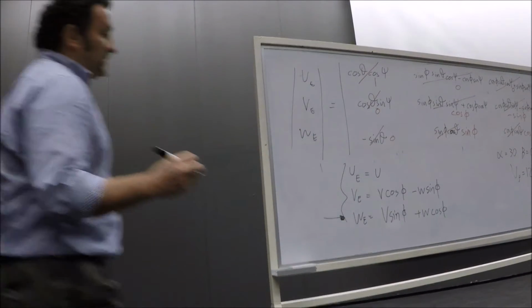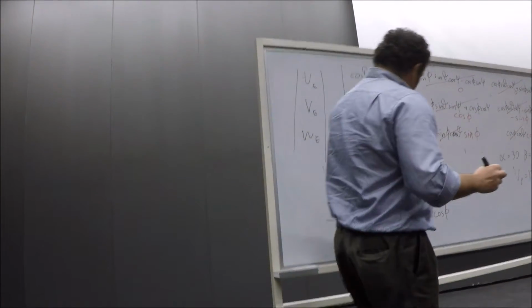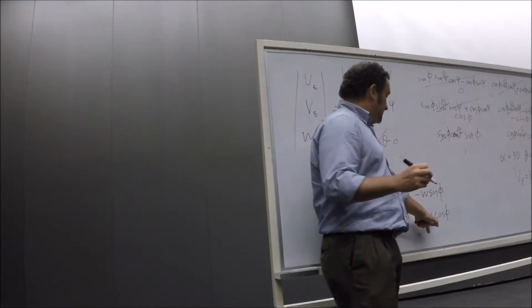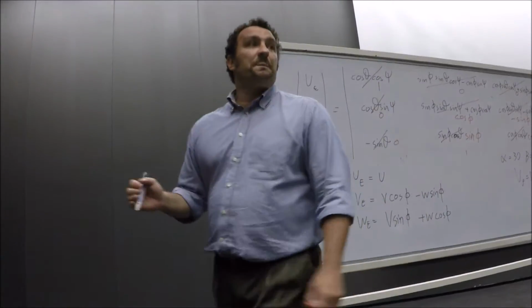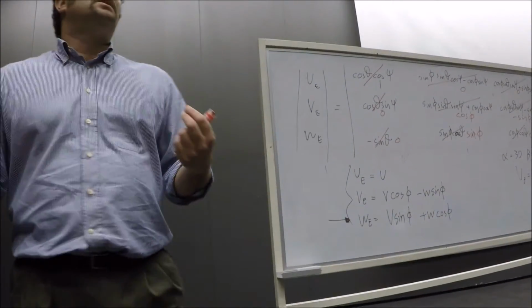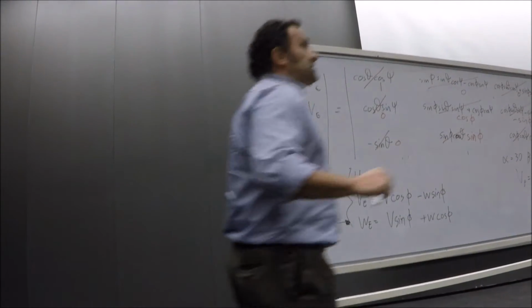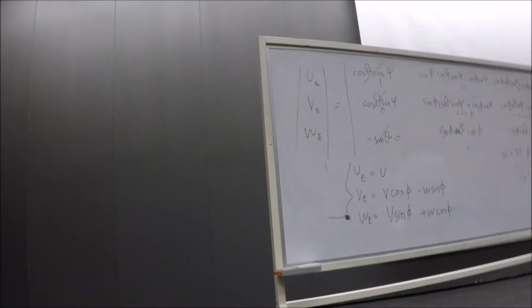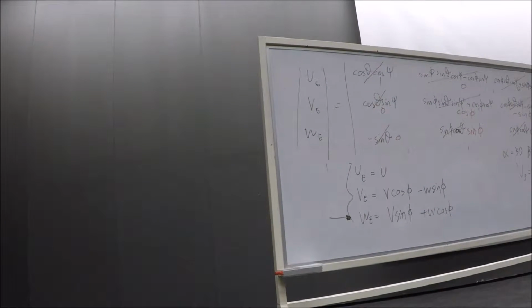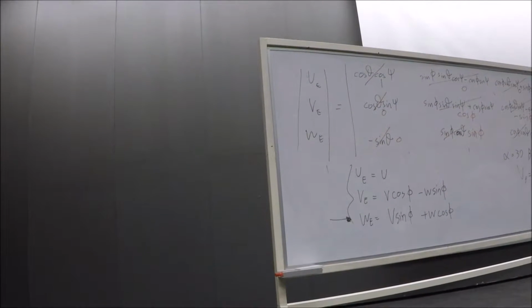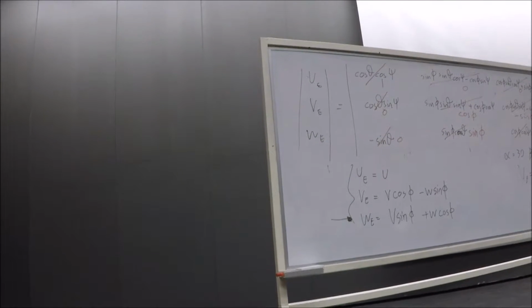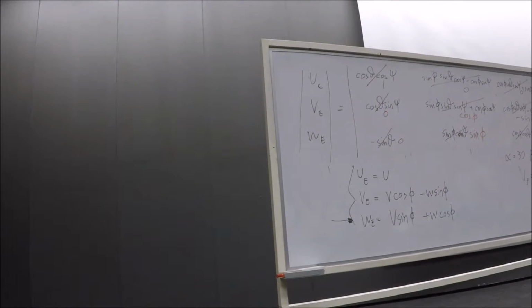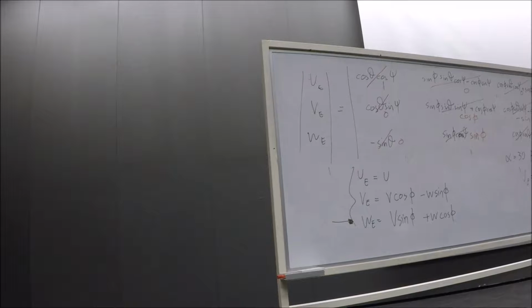So we need to find W. So how can we do that? What equations do we know give us the values of the components of the velocities? There are three equations that we can use that are linked to these three parameters.